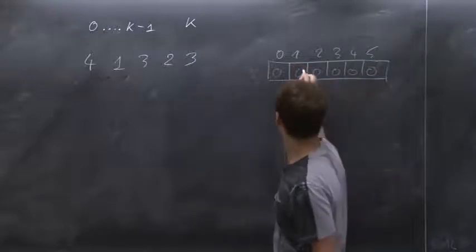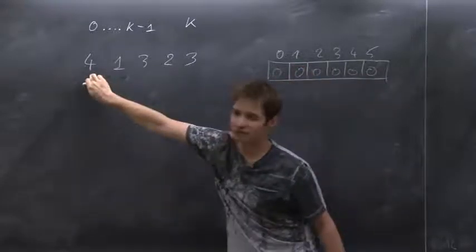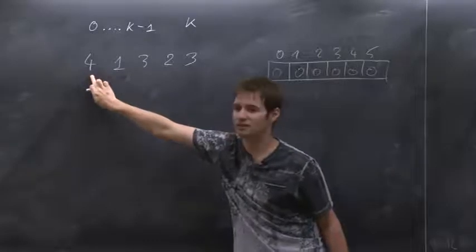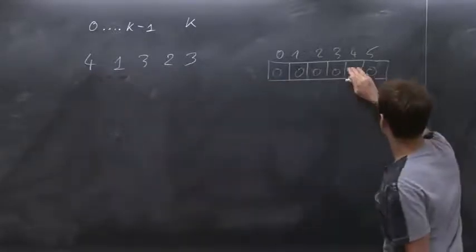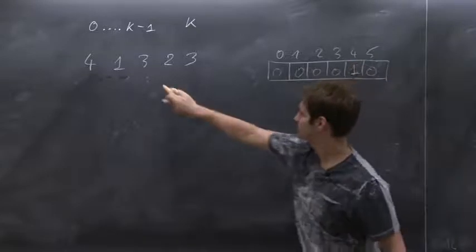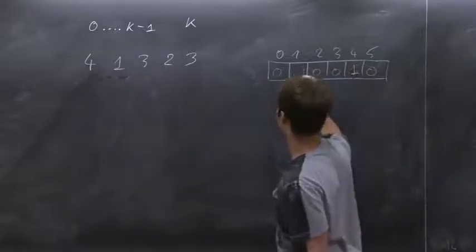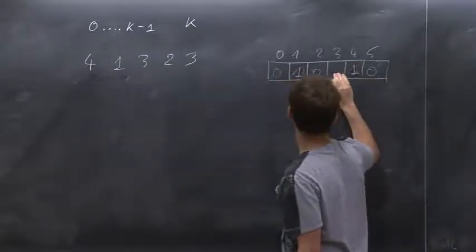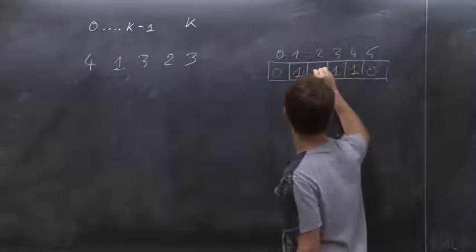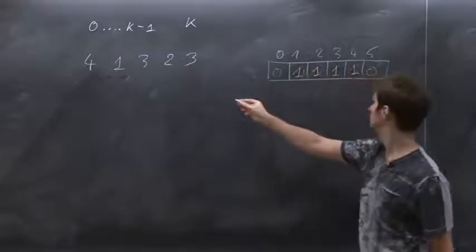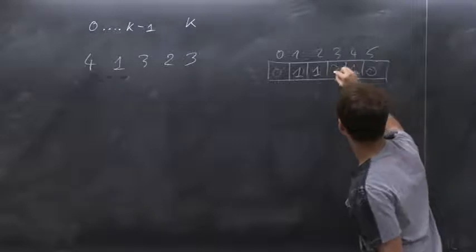So which one am I incrementing here? The 0 underneath your point. OK. 1. OK. 3, 2, and then 3 again. So this becomes a 2.